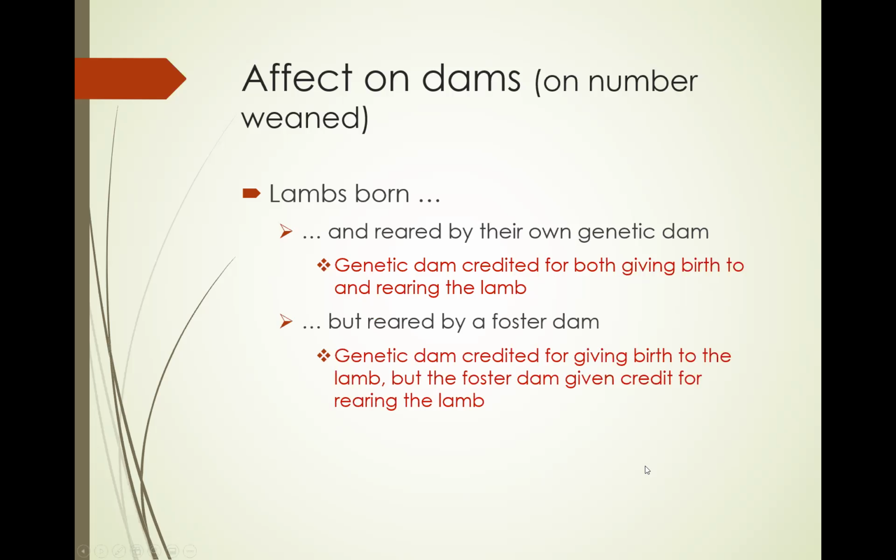In the case where we break up the genetic dam from the rearing or foster dam, the genetic dam still deserves credit for giving birth. So if it's a set of triplets, she deserves credit for it. But it is actually the foster dam that needs to be credited for having reared that lamb.